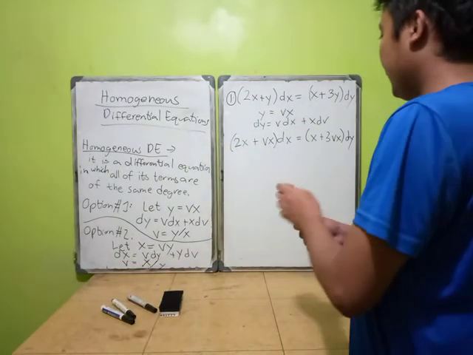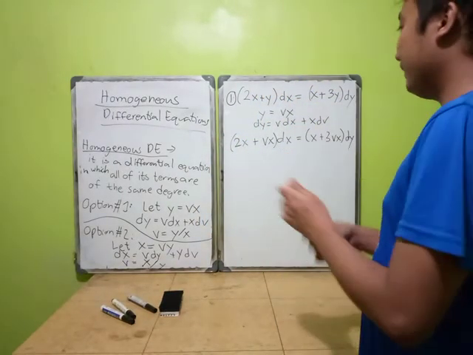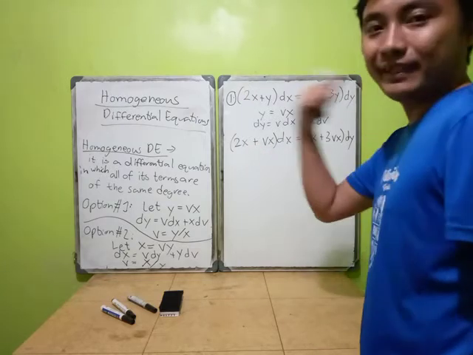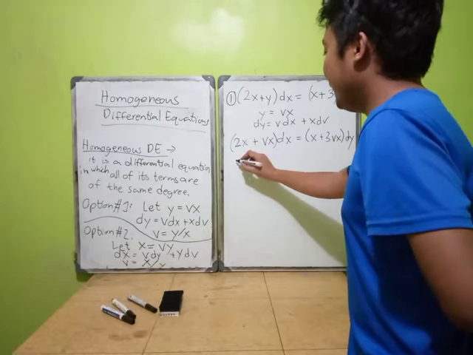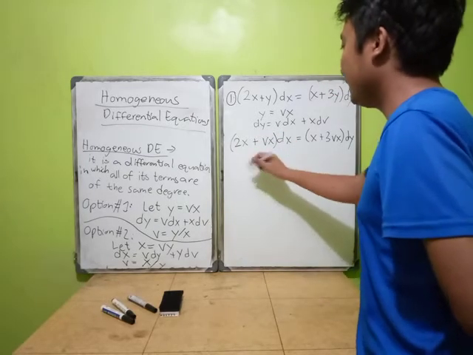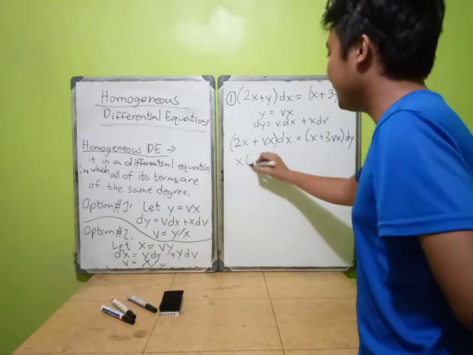So, makikita natin anong sense. Okay? Dahil na-replace na natin si y ng vx, pwede na nating i-factor out yung lahat ng terms na may x. Yan yung dahilan kung bakit nag-replace tayo y equals vx. So, ma-factor out natin si x. Okay? Mawala na si x.